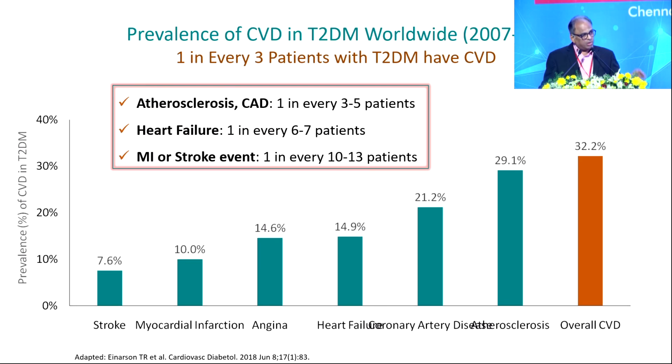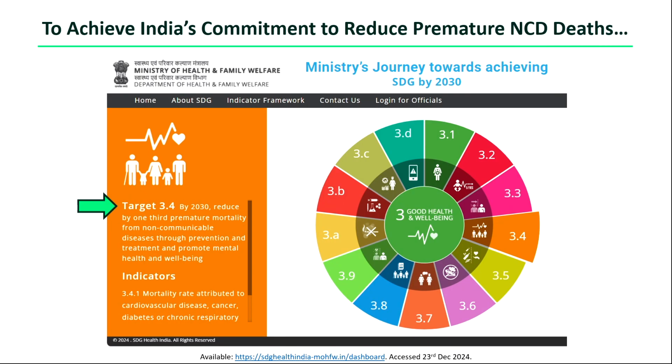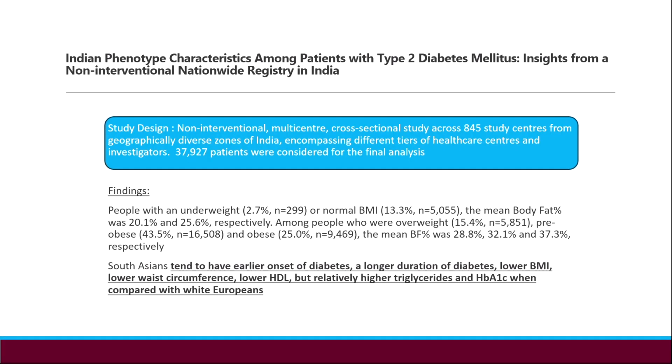With all the cardiovascular benefits that we have with SGLT inhibitors, it is the right choice for most of our patients. Even the WHO says, and even our Minister of Health and Family Welfare says, that the target is to reduce NCDs and reduce the cardiovascular deaths that happen. And that probably can be possible with SGLT inhibitors as well as GLP-1 receptor analogs.